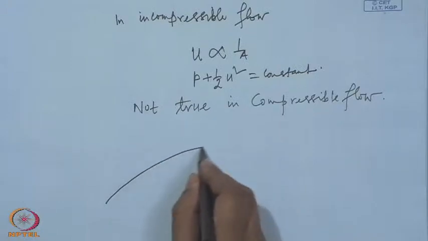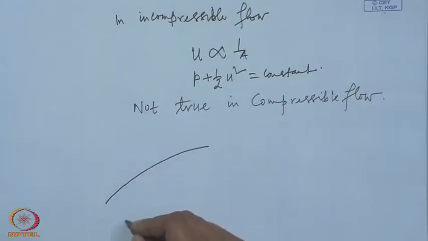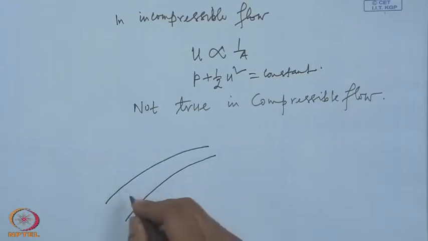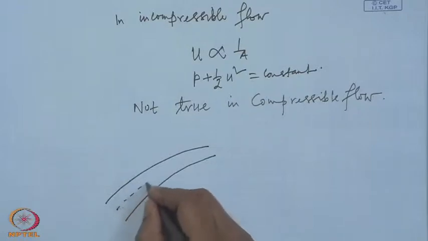Let us say that we have a tube whose cross section is varying along its axis, and consider this is the x direction.